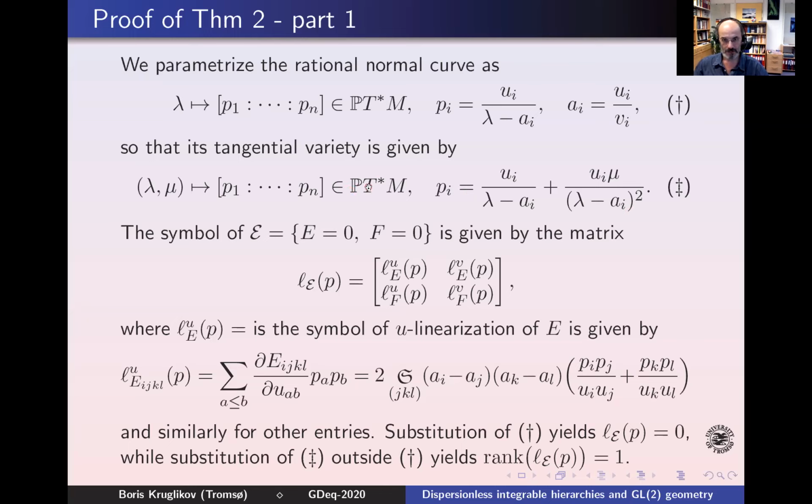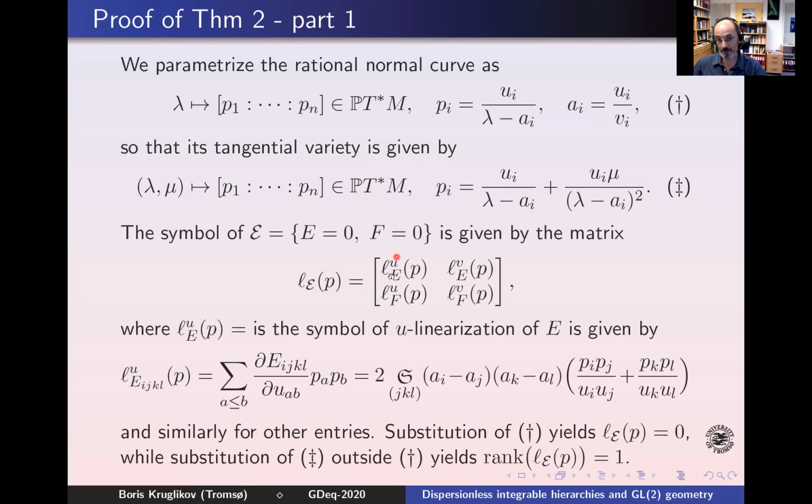Okay. Now I look at the symbol of this differential equation, and this was a quasi-linear equation, so it's very easy. I just see what the top derivatives are, right? There were the E and F equations, right?